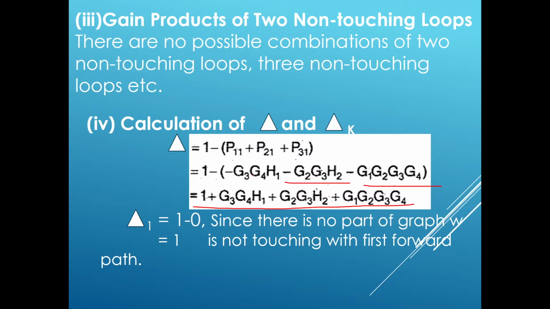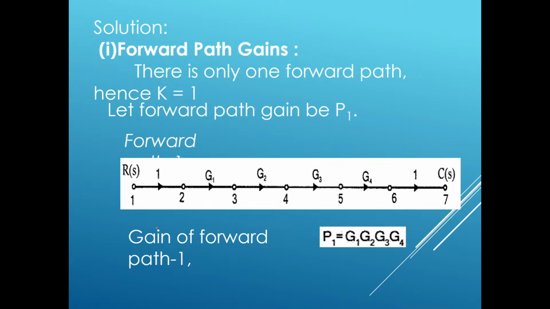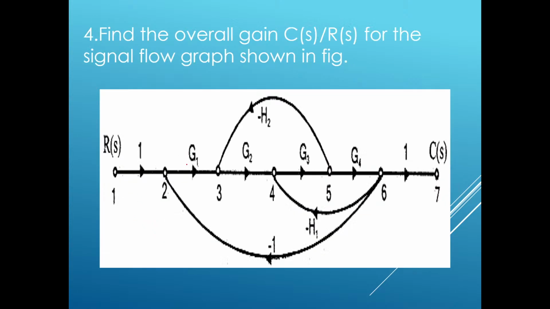So what about delta 1? Delta 1 is equal to 1 minus, where 1 represents the first forward path. Is there any part of the graph which is not touching forward path 1? There is only one forward path. There is no such part; all are touching forward path 1.